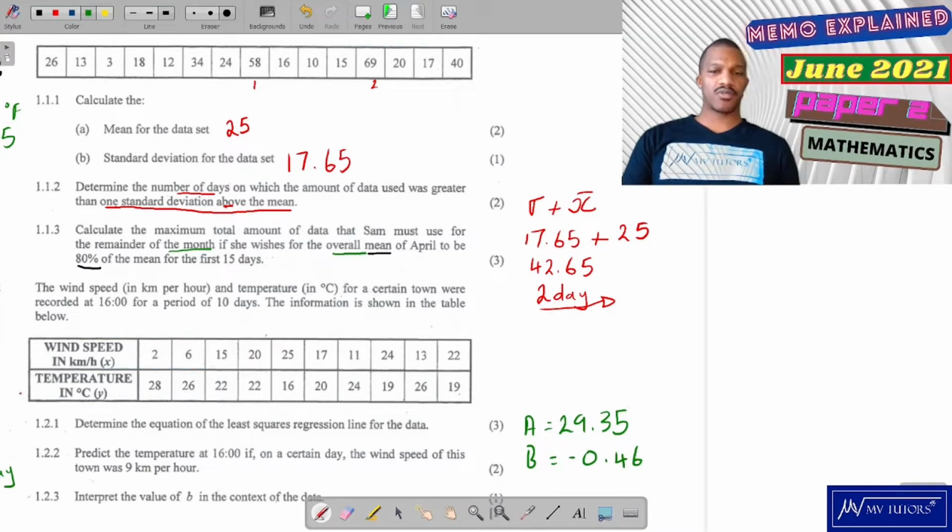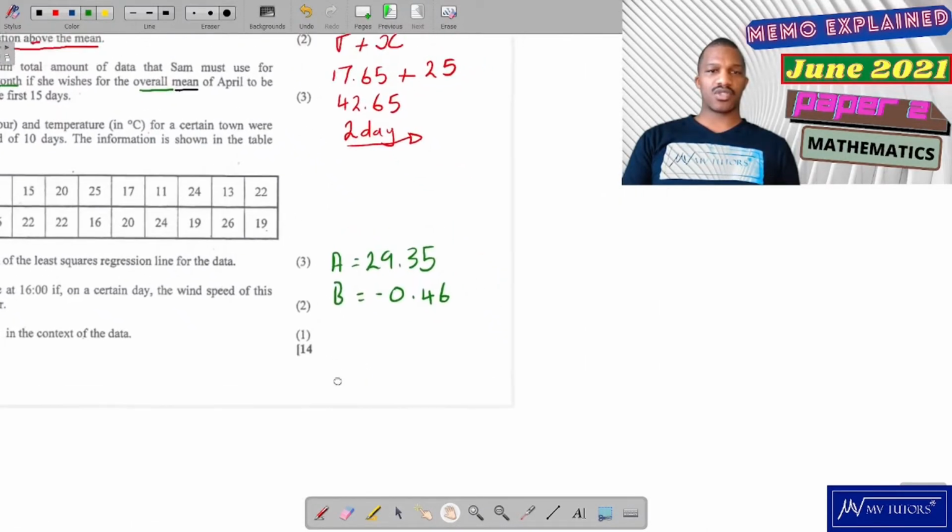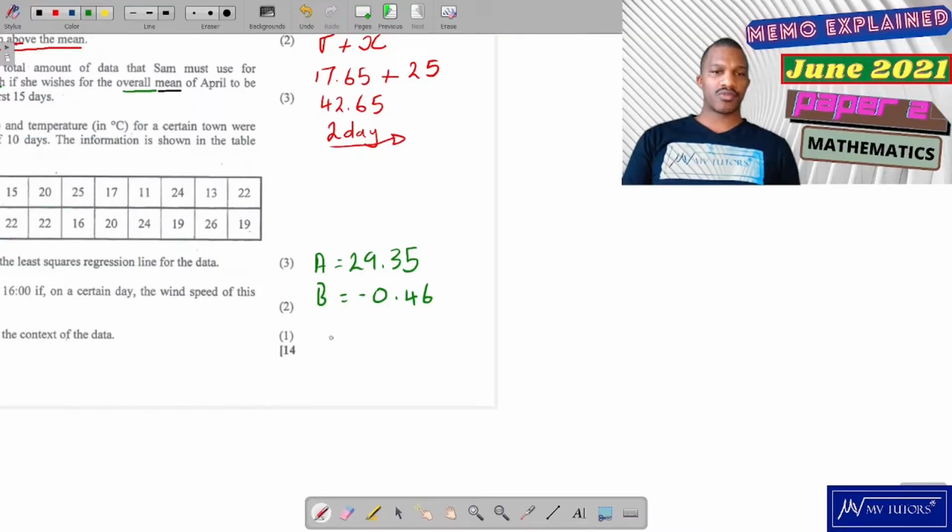Now check this out. They wanted us to find the equation. Actually, that's what they're interested in. The equation is given by y equals a plus bx. This is the equation of the regression line.